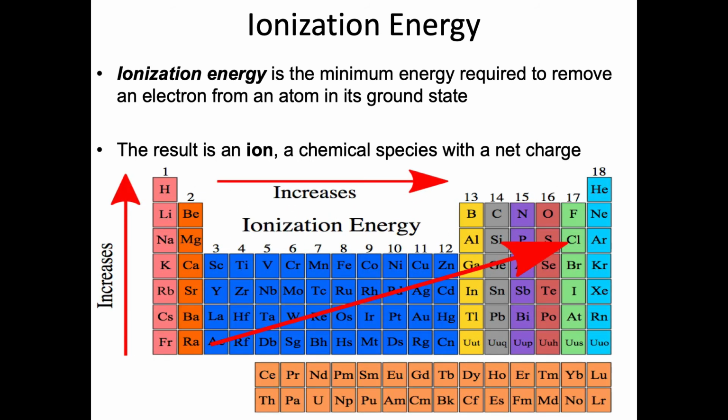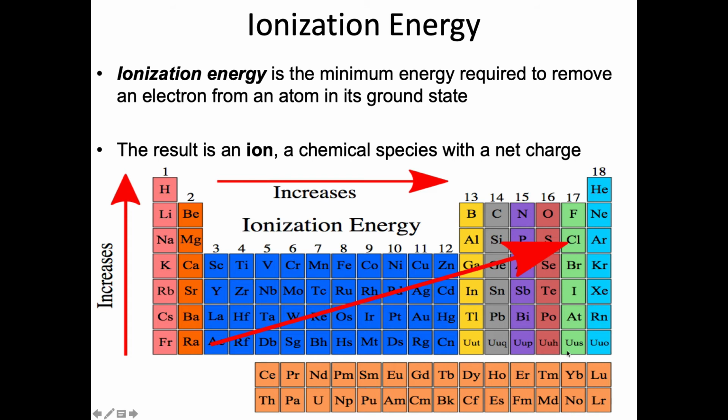Think about it. Metals already want to lose valence electrons so they can become like a noble gas. And so since metals like group 1, group 2, and group 3 metals already want to lose a valence electron, it's not going to take much energy for that to happen. And so they have very low ionization energies.